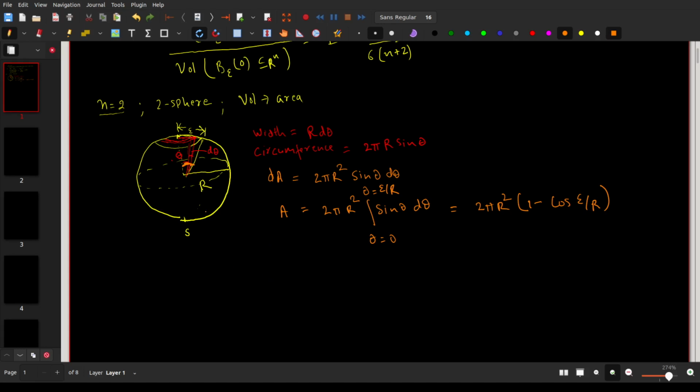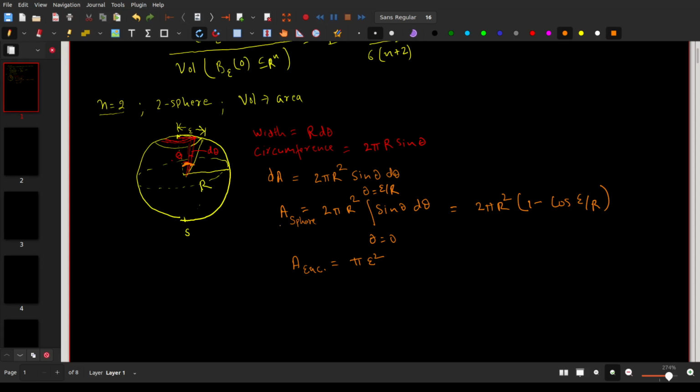So if we take a disk of the same radius epsilon in Euclidean space, this is the area of a disk of radius epsilon on a two sphere. But if we take a disk of radius epsilon in Euclidean space, then its area will be of course pi epsilon square.